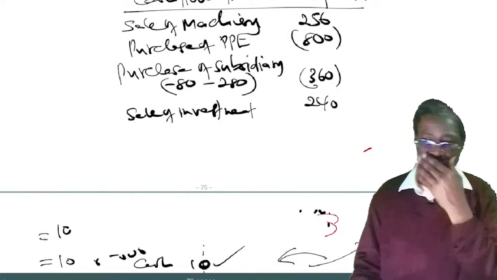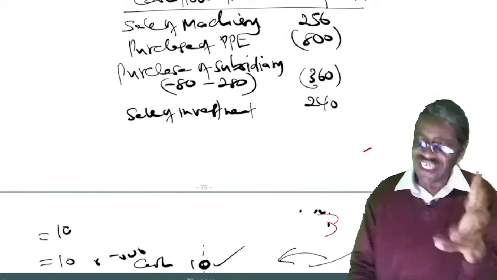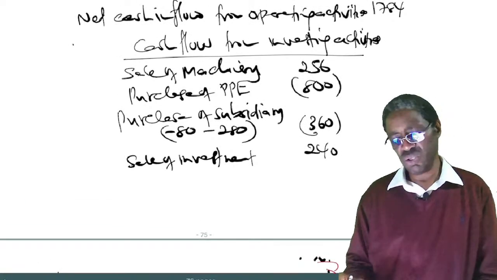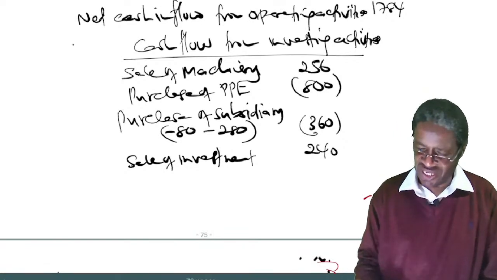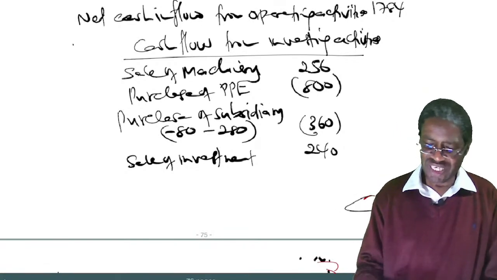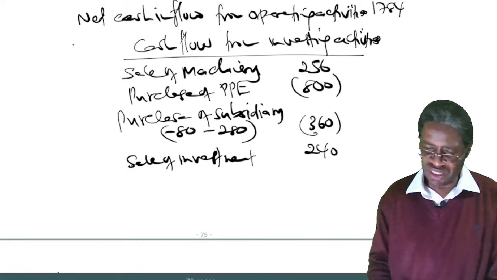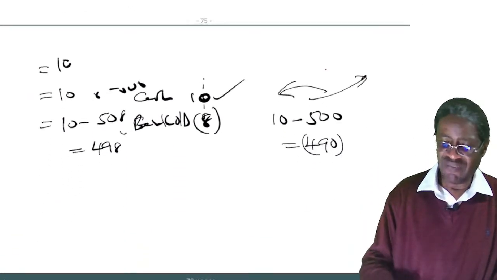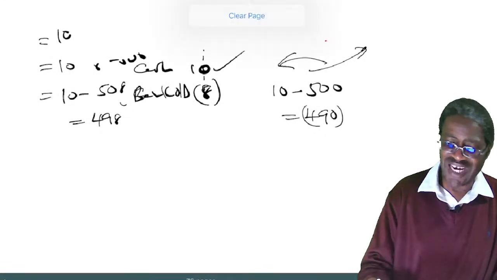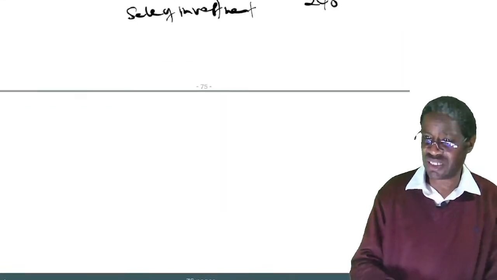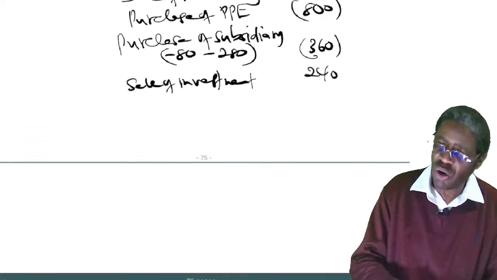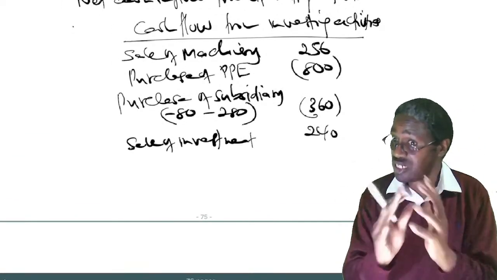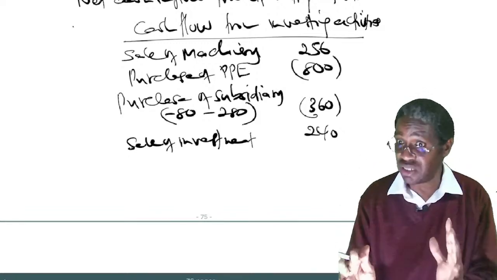Now, listen. I want you to listen carefully, we are still looking for investing activity items. What I have done is analyze the items from the additional information, but that may not be all.